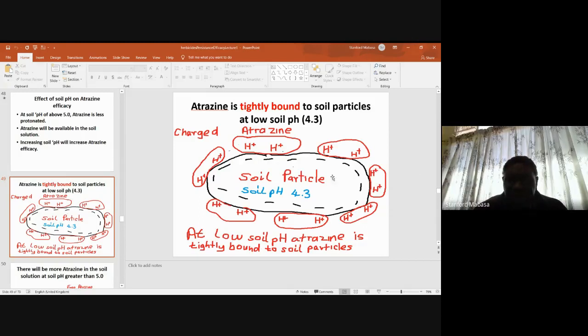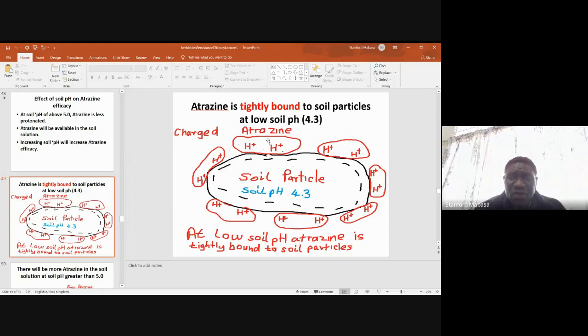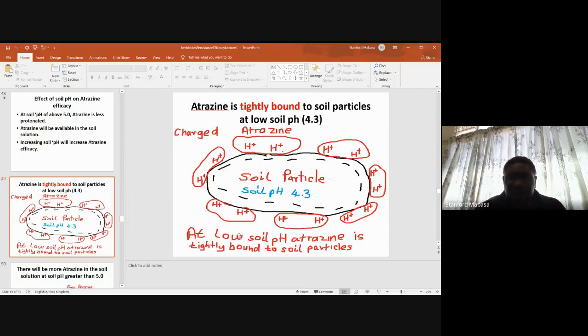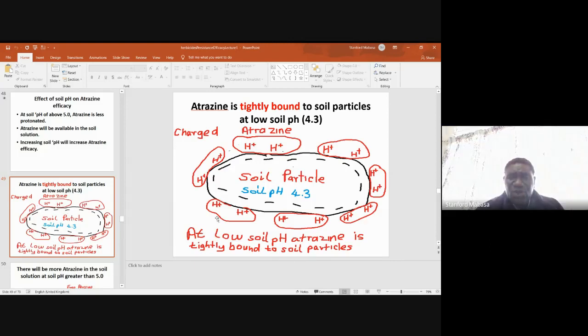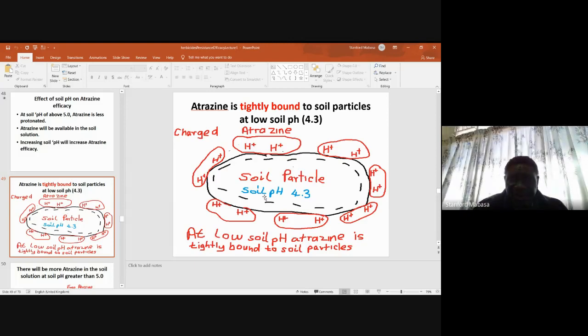Here we have a diagram of a soil particle showing a soil pH of 4.3. And we have positively charged atrazine, which is attracted to these soil particles. So at low soil pH, atrazine is tightly bound to soil particles, and it may not become available for killing weeds.